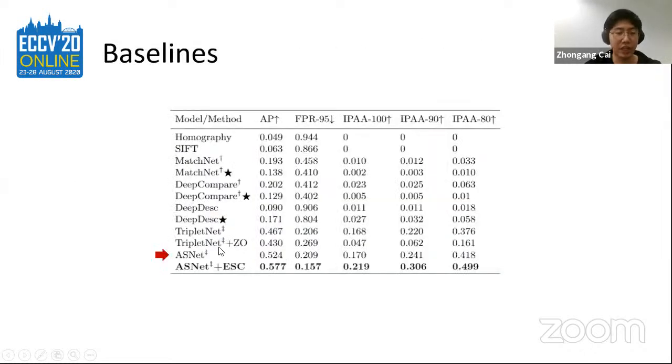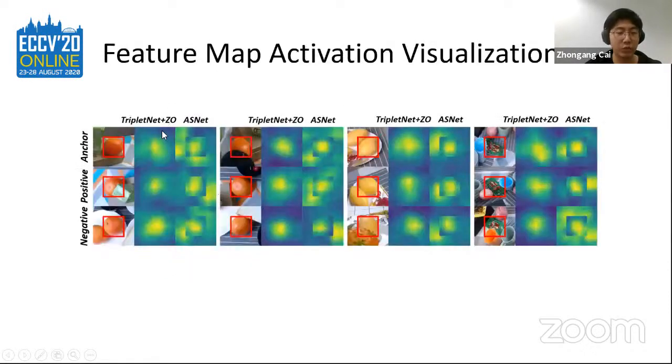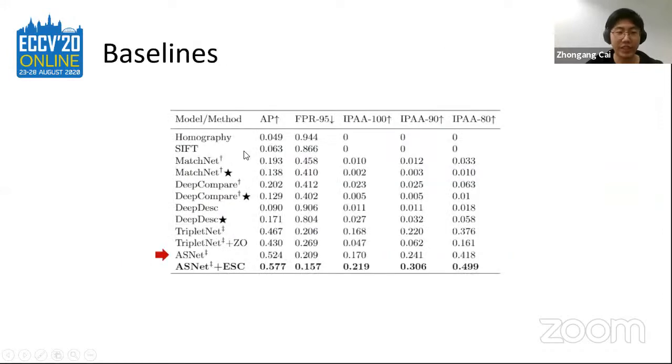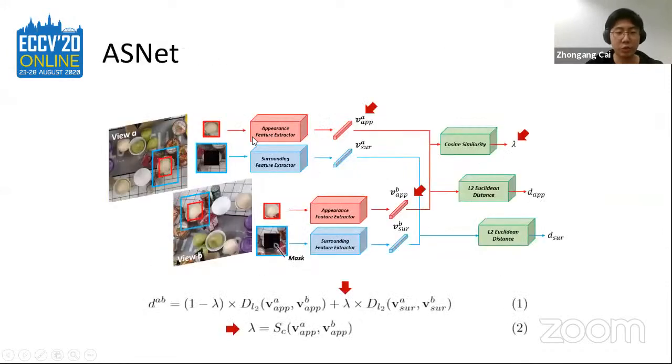Also, it's time to go back to zoom out. So what does zoom out mean? Zoom out actually means we are going to crop a bigger area. In ASNet, we have two branches of feature extraction.